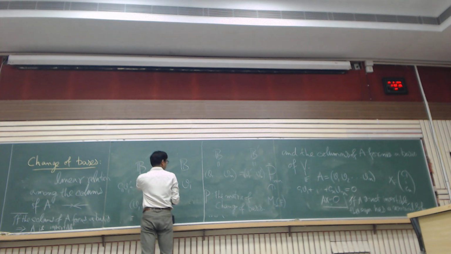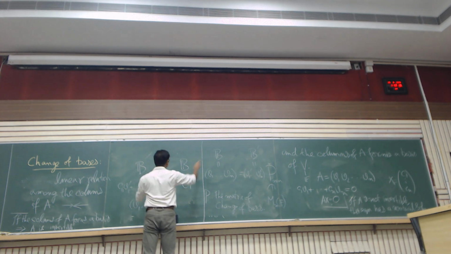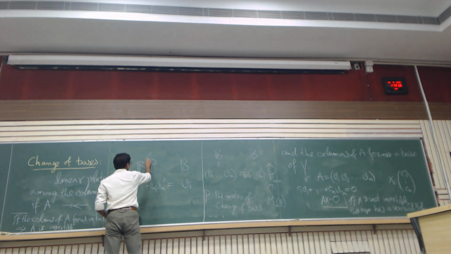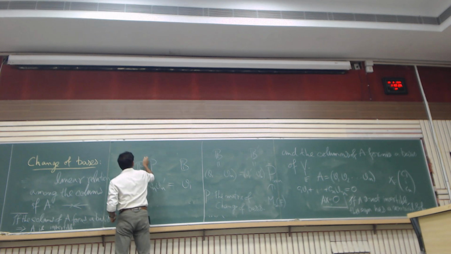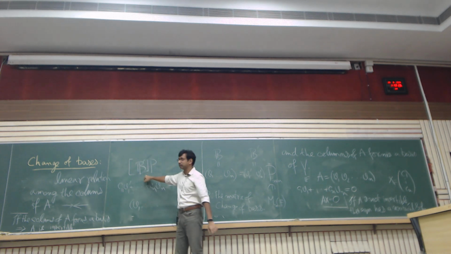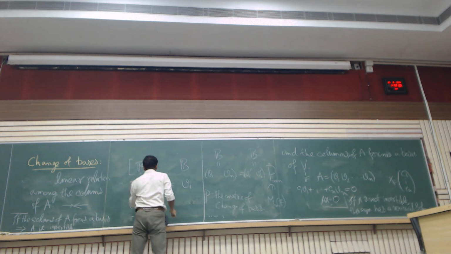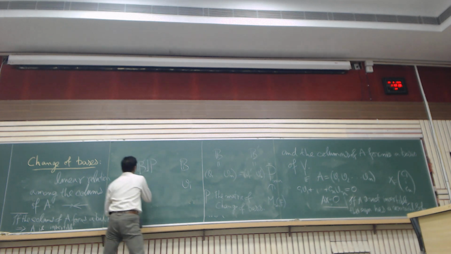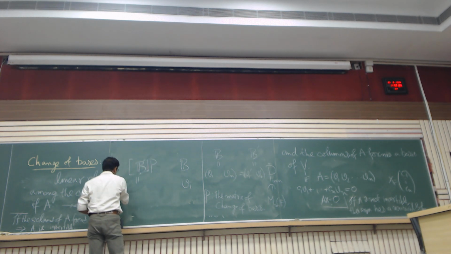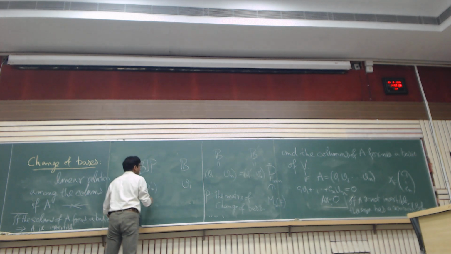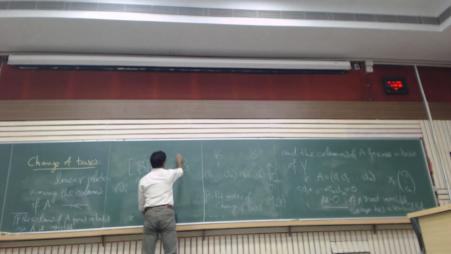B dash is the new basis, and we are expressing B in terms of this. So we would write B dash times P, and by this we would say that we are expressing the elements of B dash as a row vector, B1 prime to Bn prime.